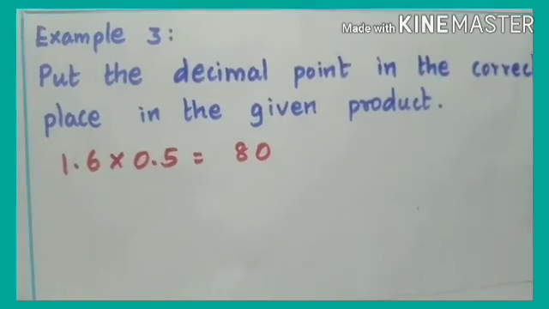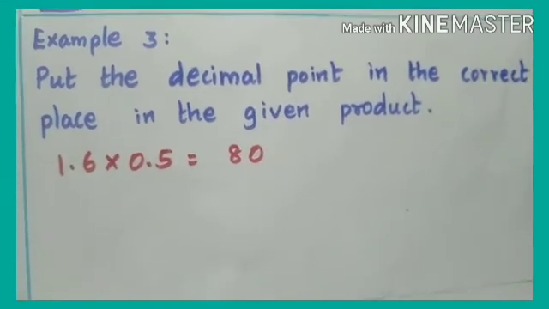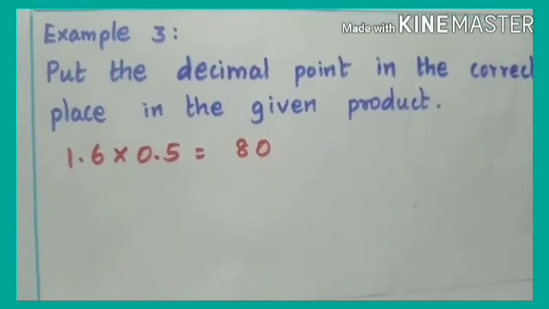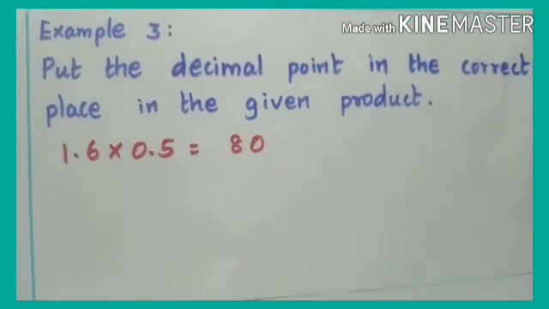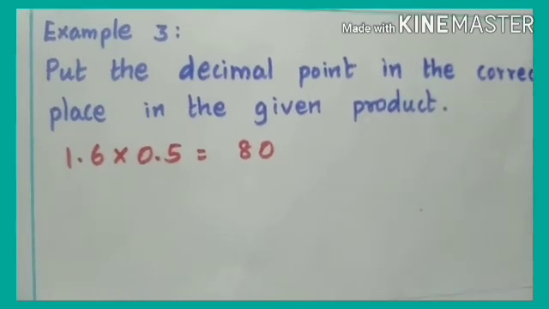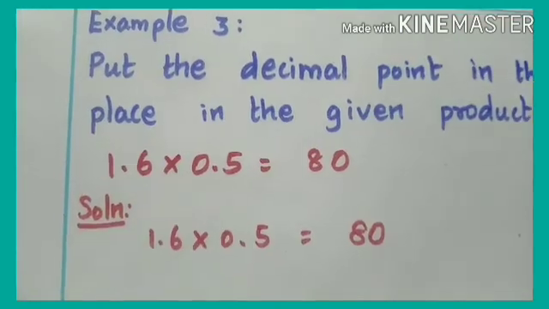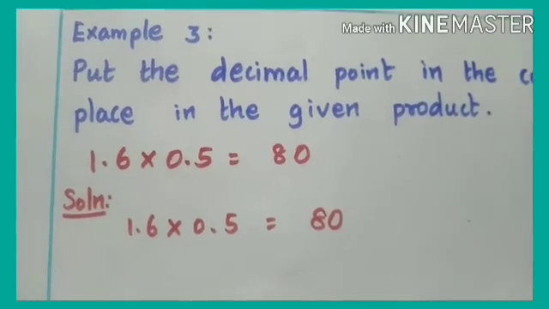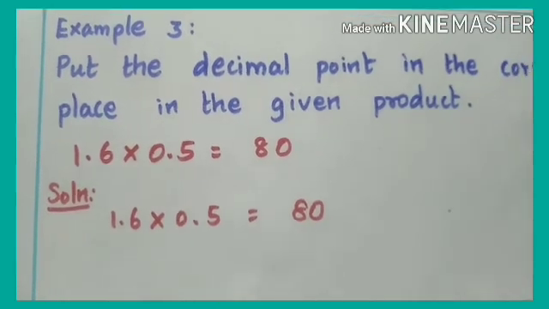Example 3. Put the decimal point in the correct place in the given product. 1.6 into 0.5 is equal to 80. Let's put the decimal point at the correct place. In this sum, look at the first number. It has one decimal place after the decimal point.